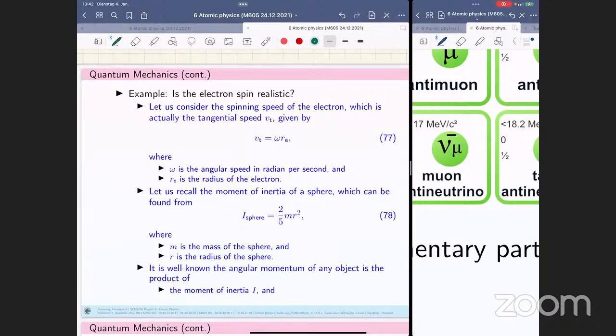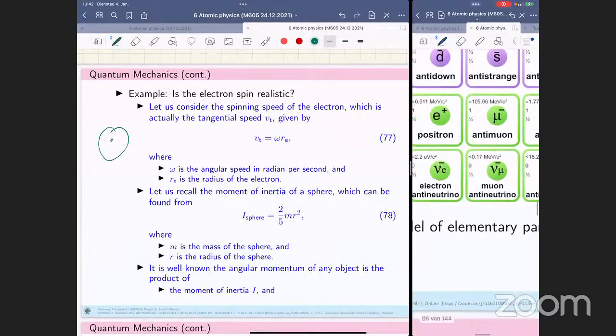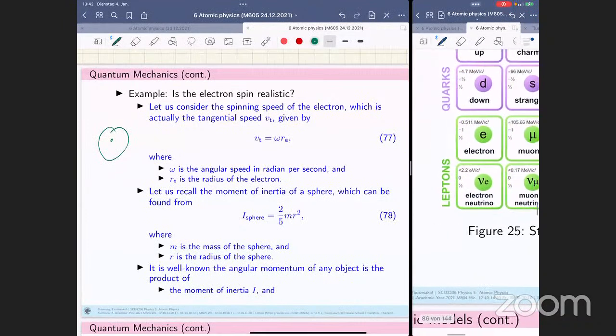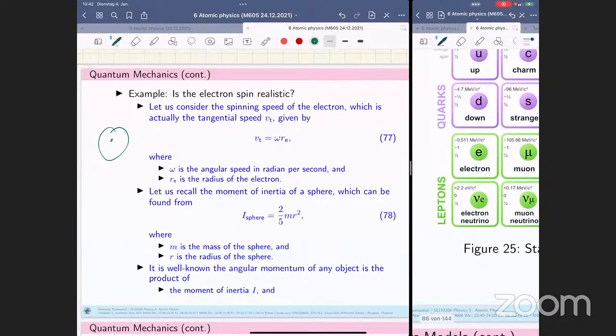Let's consider the spinning speed of the electron. If we represent the electron by a sphere, it looks like a ball, a football, basketball, or any type of spherical ball.